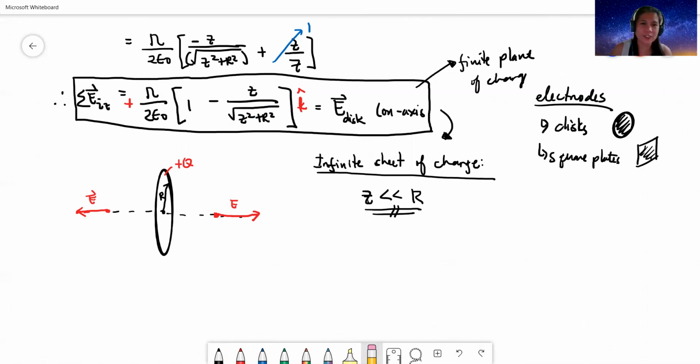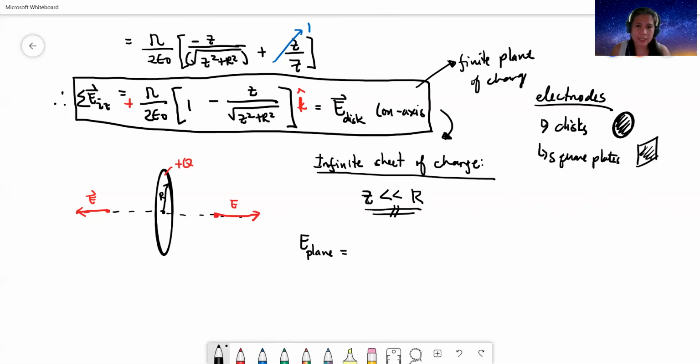So, okay na tayo dito, no? This is already for a finite charge, but we can also extend the case where Z is very much less than R. So, in that case, sulat ako na bago. So, the electric field of any plane, regardless of the shape, no, is equivalent to, so, with this case, itong expression will become 0.